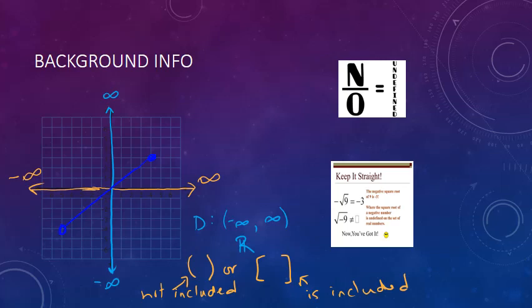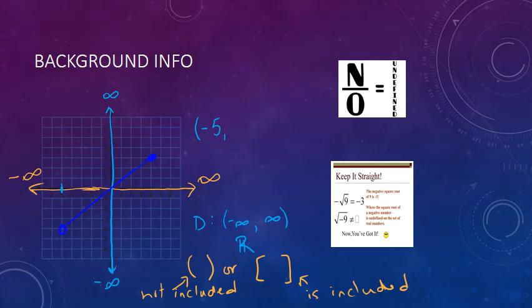If I were asking for the domain, then I'm going to look from the left of the graph, the x values where they start to happen, and this is -5 right here. But -5 does not have a y value. So in that case, I'm going to use the parentheses, which means -5 is where it stops, but it is not included.